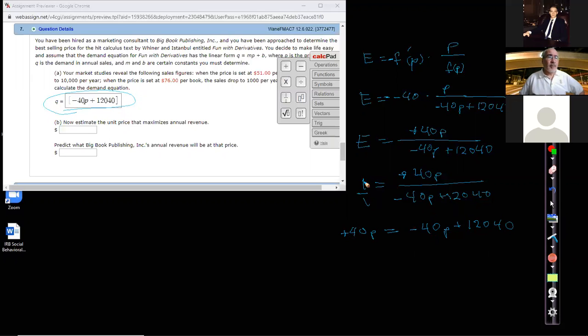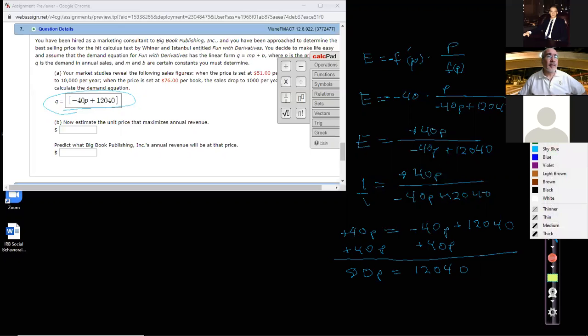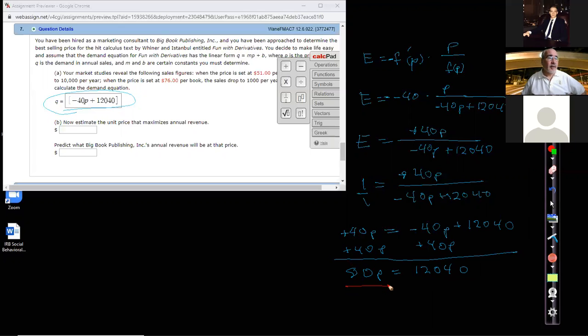Okay, so we cross multiplied, we get the two equal. We want to solve for p, so we add 40p to both sides. And we get 80p equals 12,040. Divide both sides by 80.